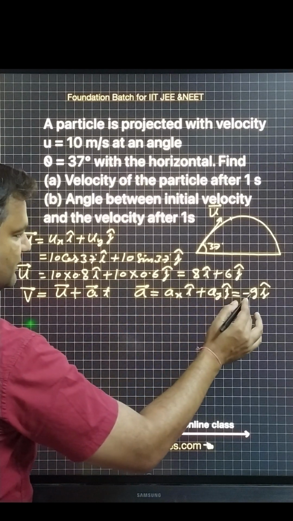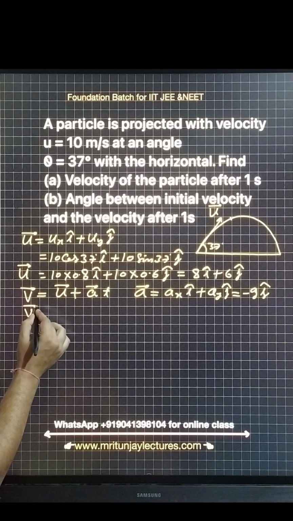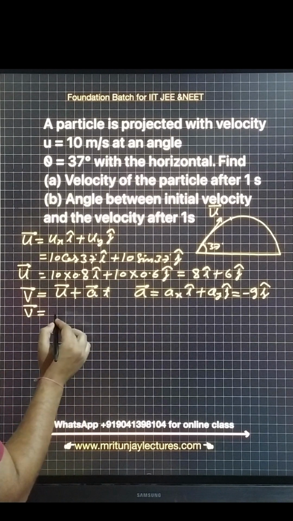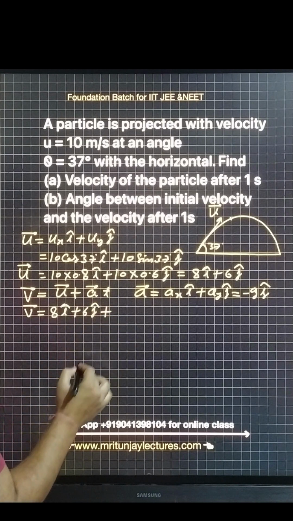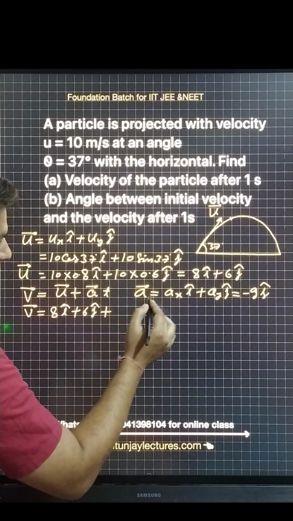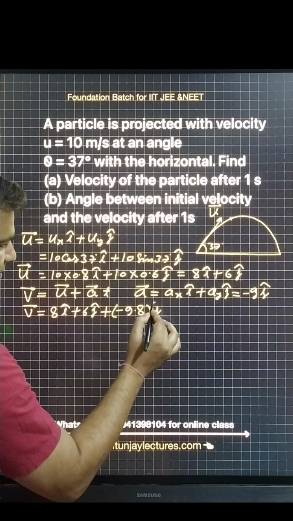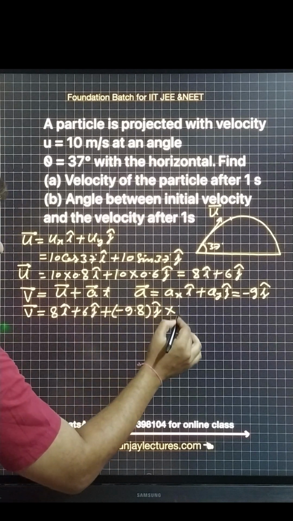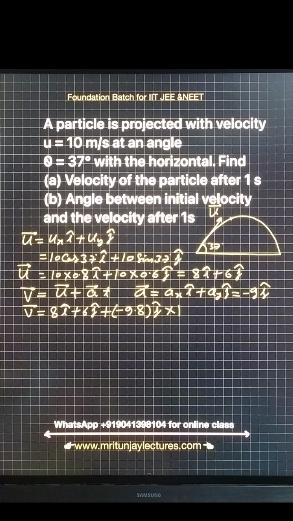So if we have taken 9.8, then what about v? V is equal to u, which is 8 i cap plus 6 j cap, plus a, which is minus 9.8 j cap, into time. Time after 1 second, so simply write 1.